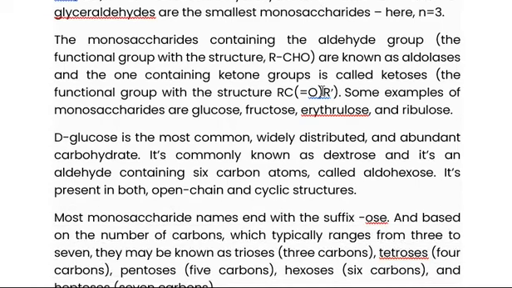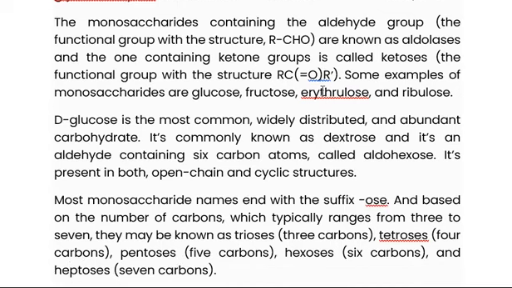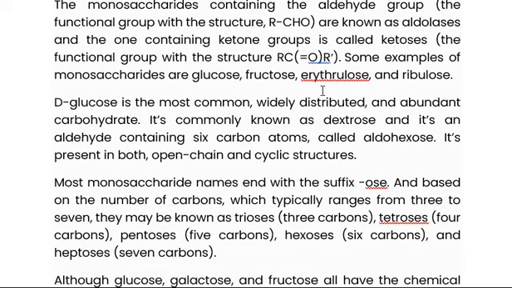The monosaccharides containing the aldehyde group, that is the functional group with the structure RCHO, are known as aldoses, and the one containing a ketone group is called ketoses. The ketone functional group has the structure RC(=O)R'.